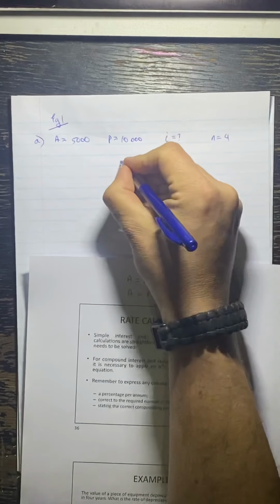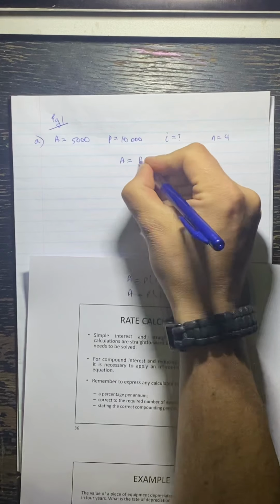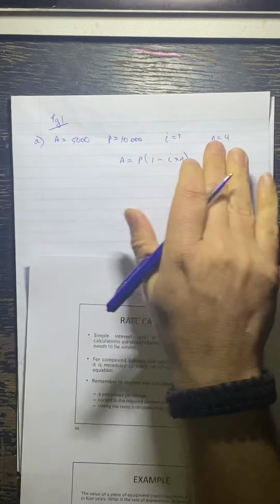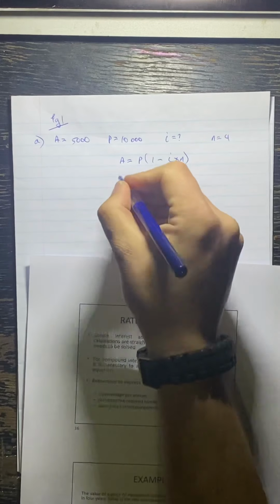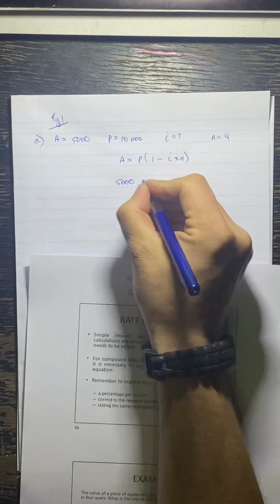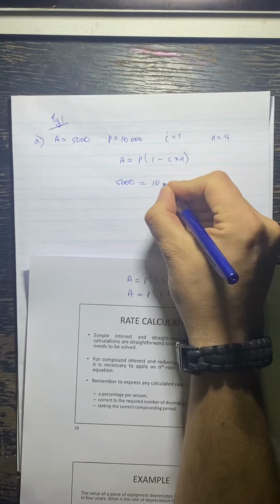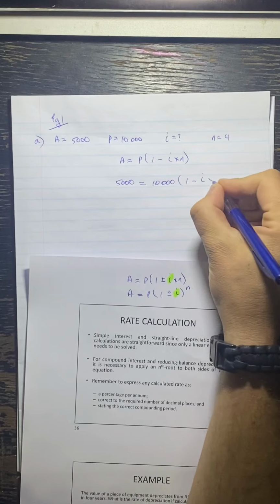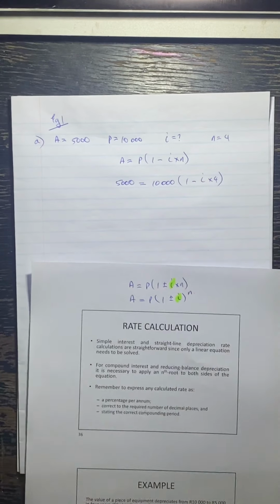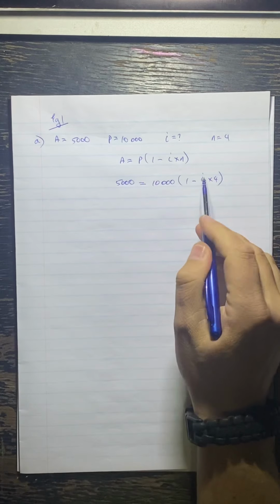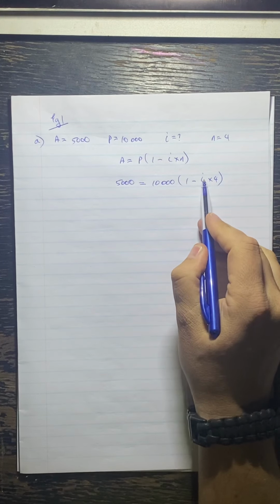So we've got here A is equal to P(1 minus I times N). Just substitute our values in. So we get here 5,000 is equal to 10,000(1 minus I times 4). So the first thing I'm going to do here is I'm going to divide both sides by 10,000 because remember we want to get the I on its own.